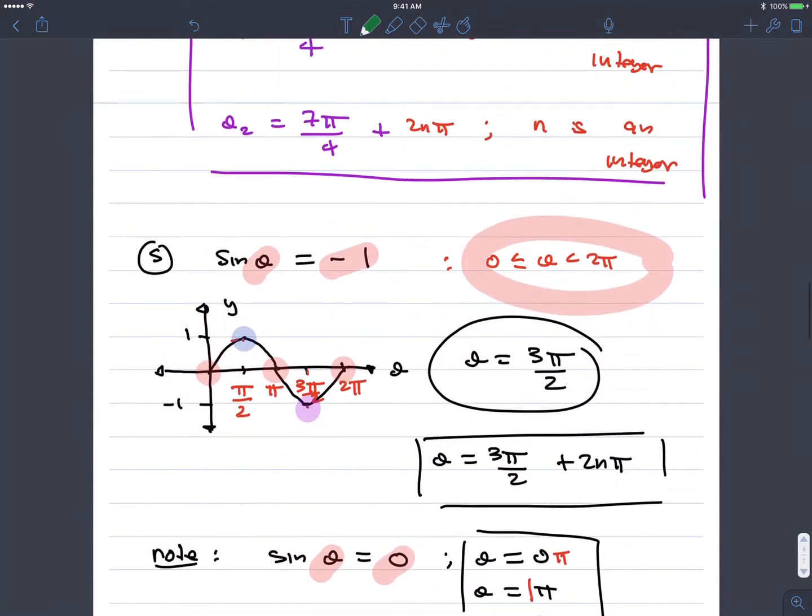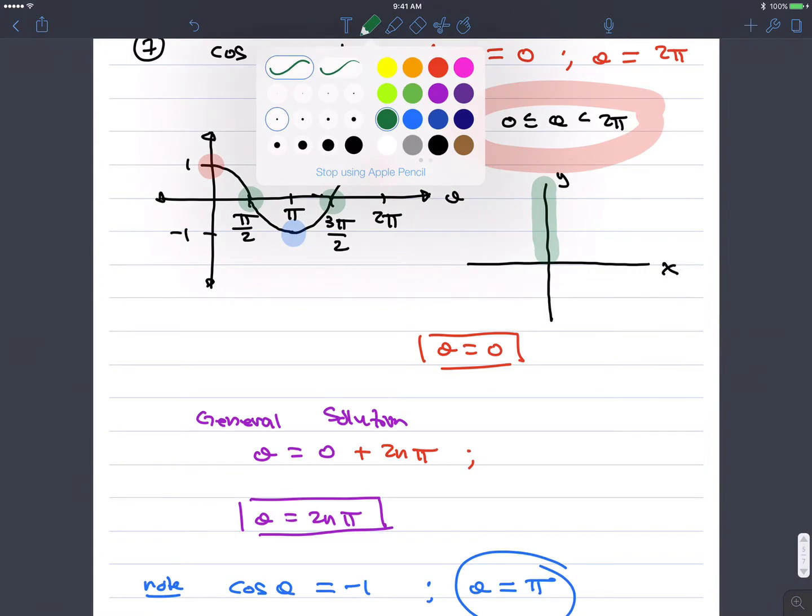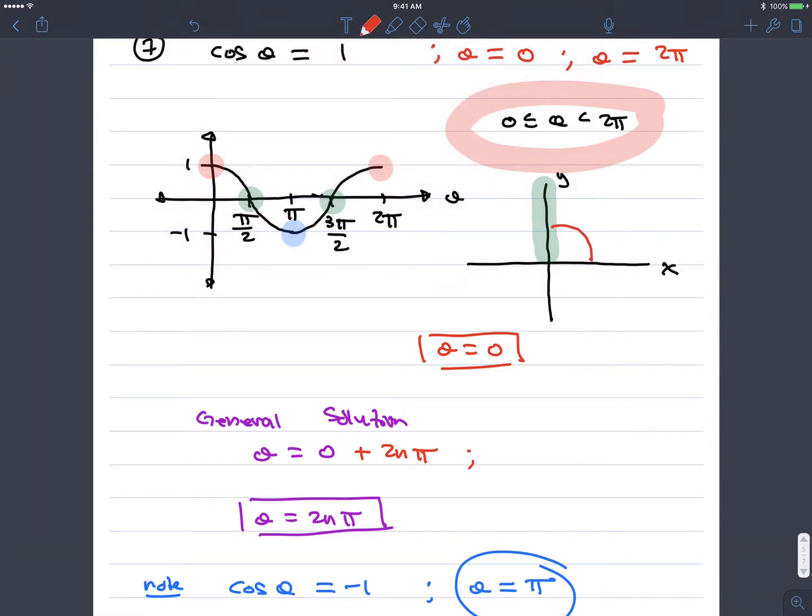I want to use this axis right here for you, okay? I'm going to erase this. Now, I'm going to paint in green my solutions, the angles. Pi over 2 right here, and that's the first angle rotated counterclockwise. That's my pi over 2. And then, where's 3 pi over 2? That's over here. So here is a second solution.